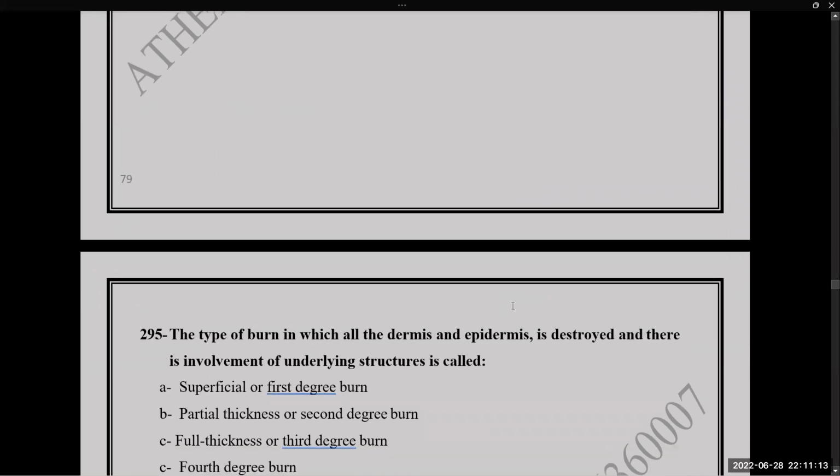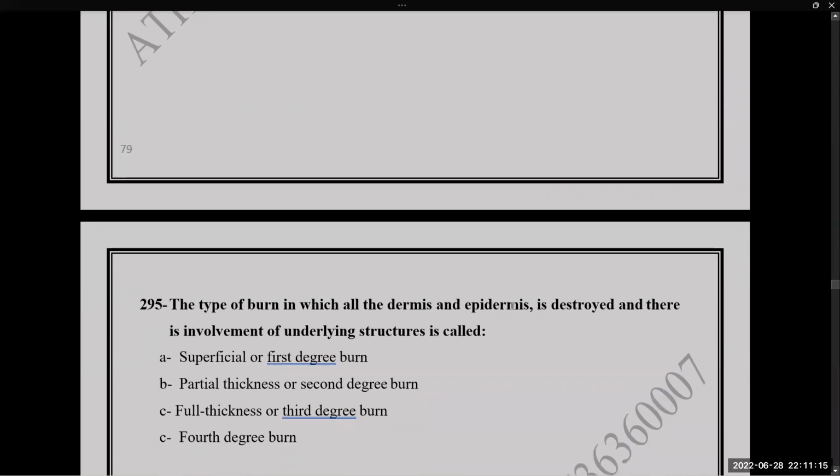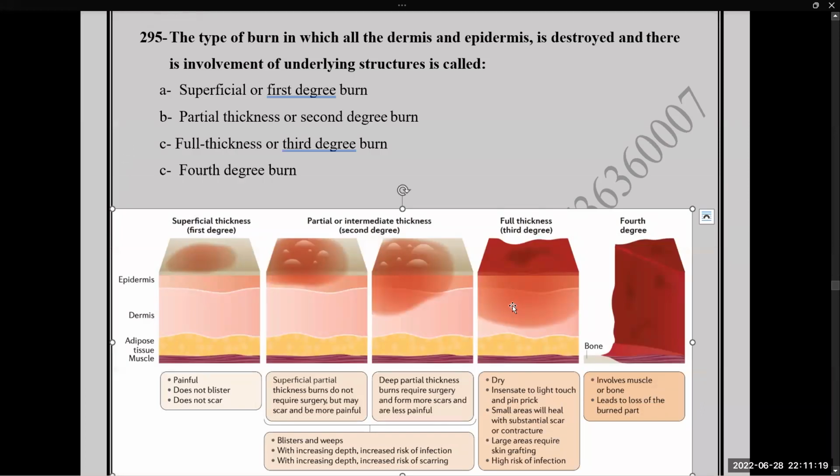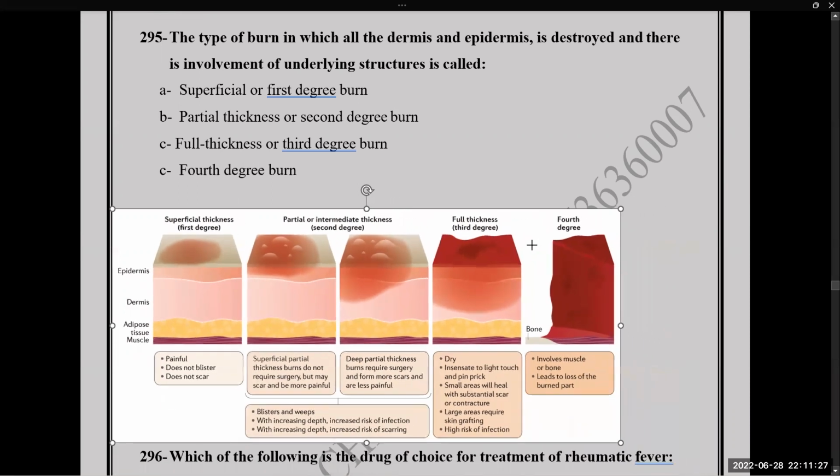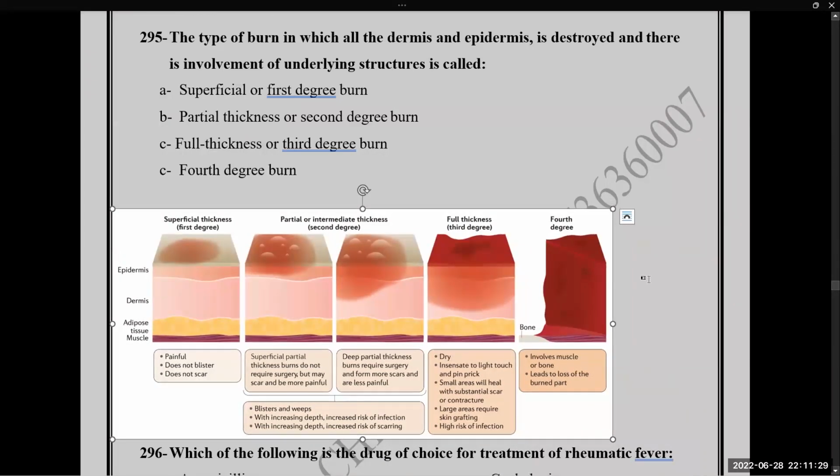Next question. The type of burn in which all the dermis and epidermis are destroyed and there is involvement of underlying structures is called as. Dermis is affected and underlying tissues are also affected. So what are the layers of skin?